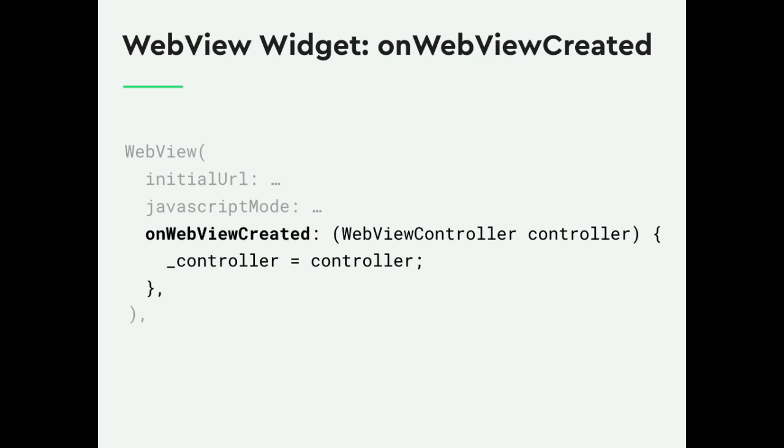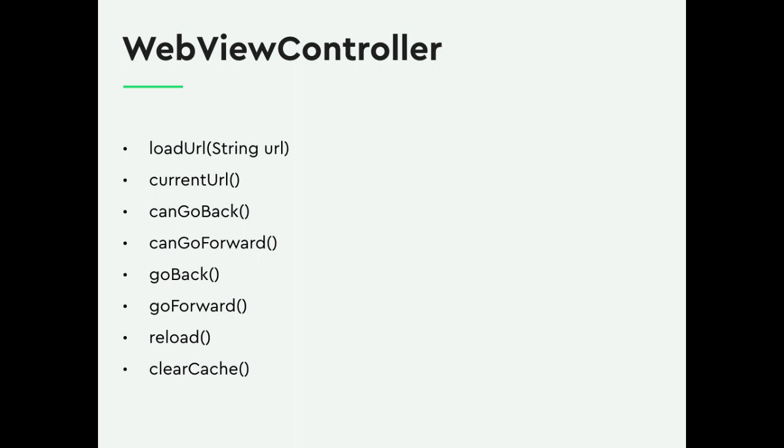It's going to be invoked once the WebView is created. And in this callback, you're going to get this WebViewController. The name already suggests what you can do with it: you can control the WebView. Basically, you can keep a reference to this controller and use it to do some crazy stuff.